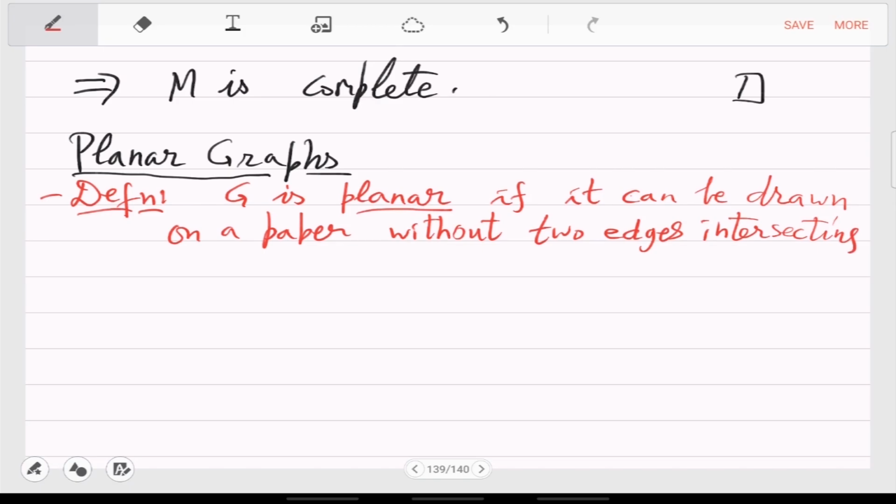Obviously except at the vertices. Okay, so example is this graph.